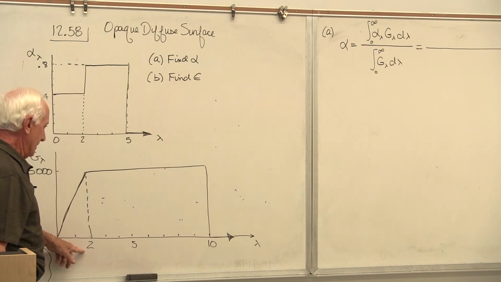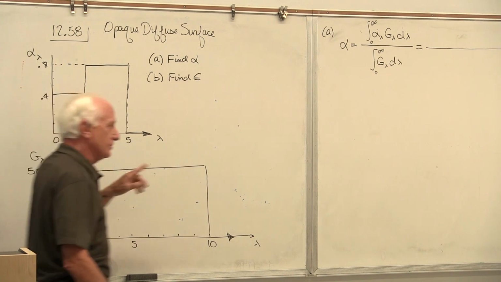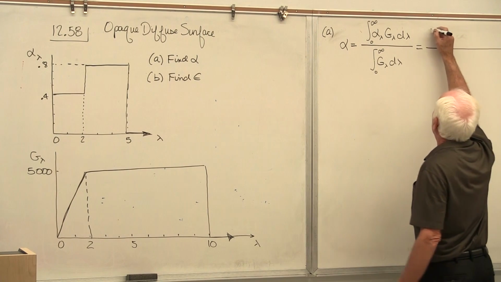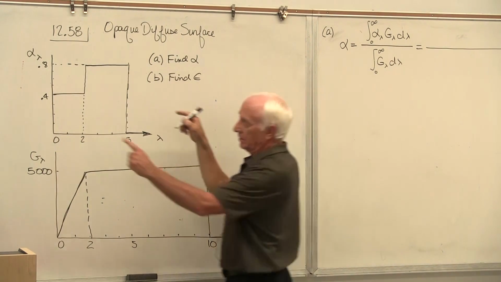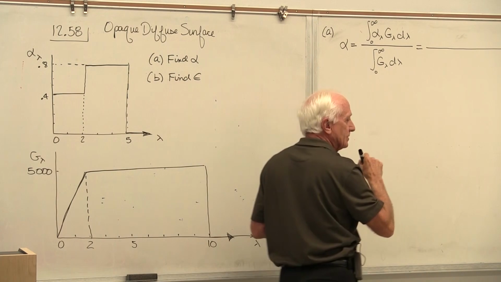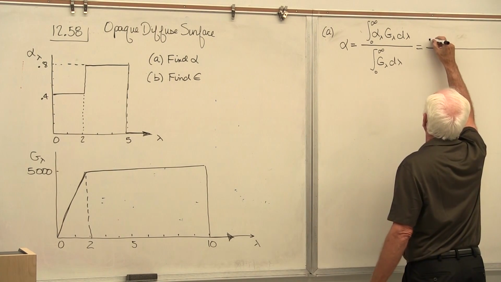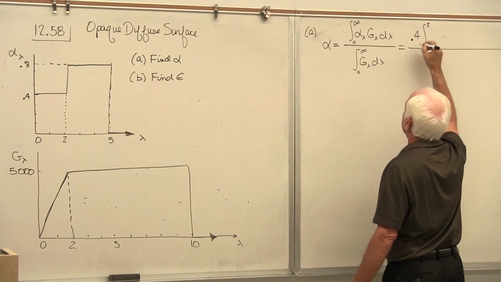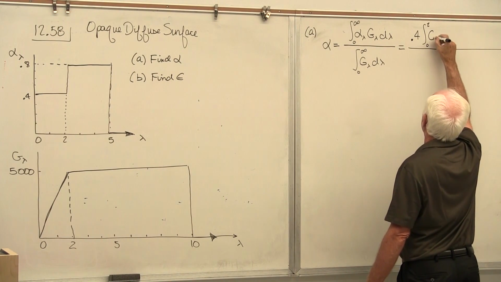The G graph, yes, at 2, something changes. So my first integral is 0 to 2. What's constant from 0 to 2? Alpha. Pull it outside the integral sign: 0.4 times the integral 0 to 2. What stays inside? G lambda d lambda.